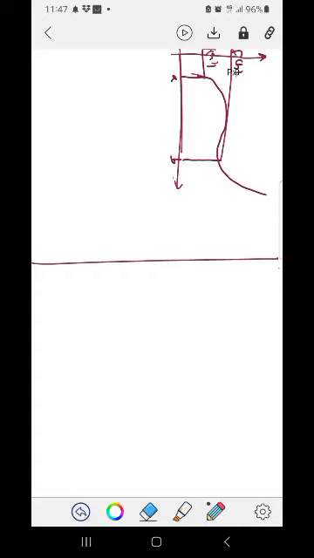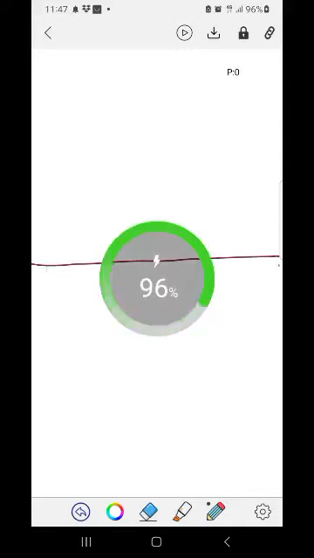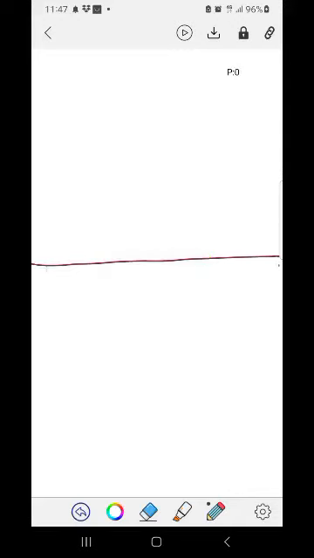Let me take that time to clear the board and redraw. While I wait for the light to come back, let me redraw. Yeah, light is back.